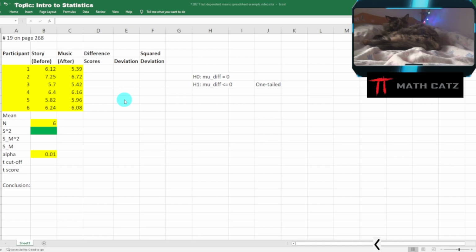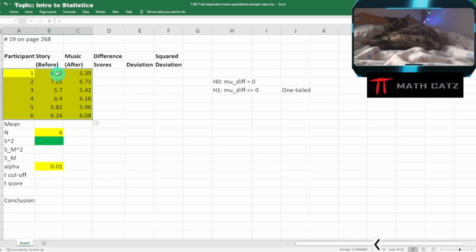The beauty of a spreadsheet application is that I can lay out my calculations and my information in a much more convenient way. So I have the participants here, 6 of them, and I have the story, which we'll view as the before scores, and the music situation, the oxygen consumption levels.